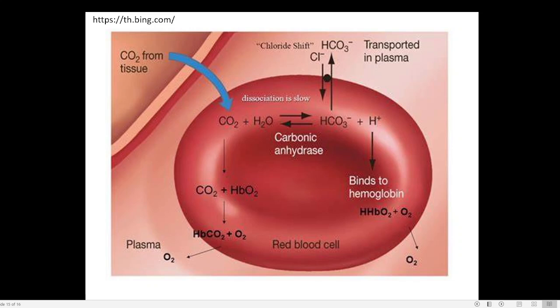They are all negatively charged, so an equal number of chloride ions will enter into the RBC. That transport of chloride ions from the plasma into the RBC is known as the chloride shift. So the chloride shift is a transport of chloride ions to balance the electrical charge of the RBC. Otherwise, there will be a charge difference when bicarbonate ions move out.